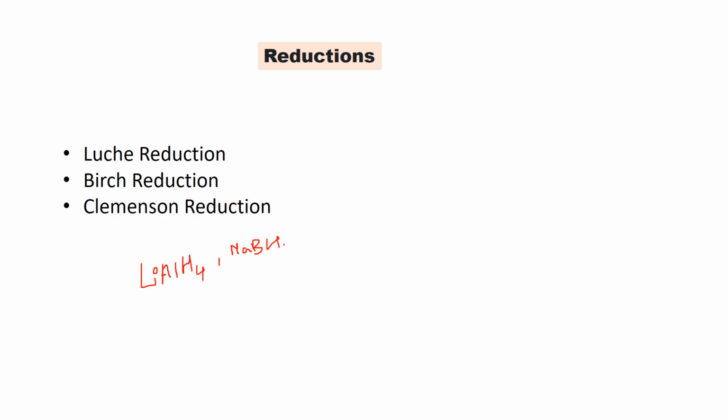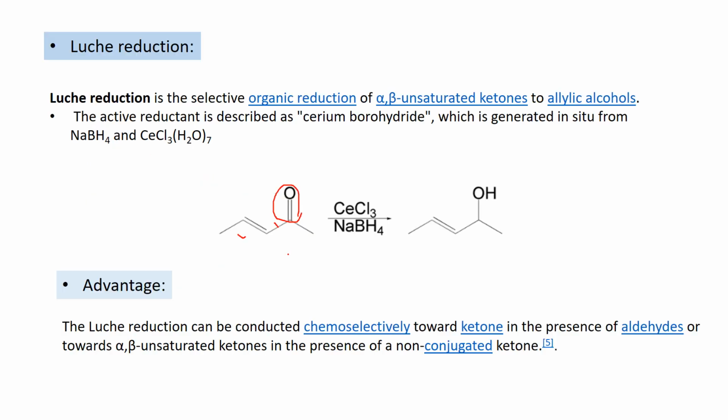Okay, so in case of LiAlH4, if you add LiAlH4 into this, what will happen? As this is a very strong reducing agent, it will reduce both the carbonyl as well as the double bond. If you add only NaBH4, what will happen?